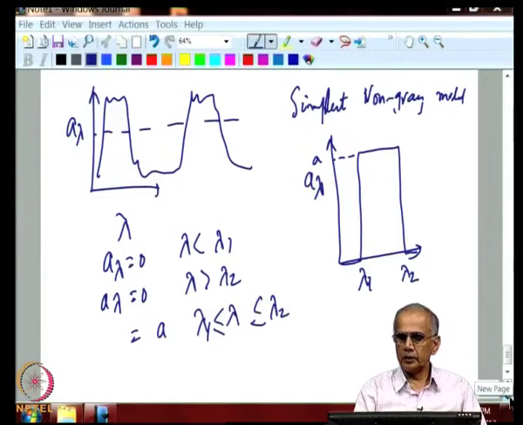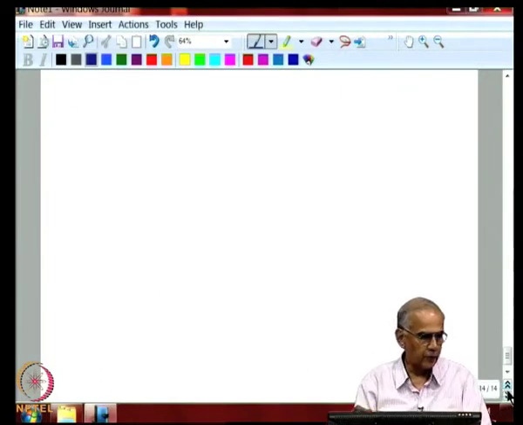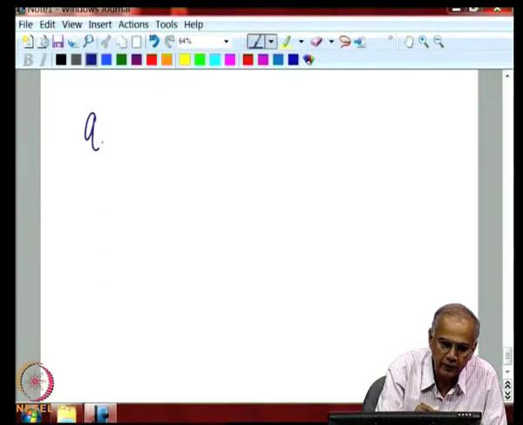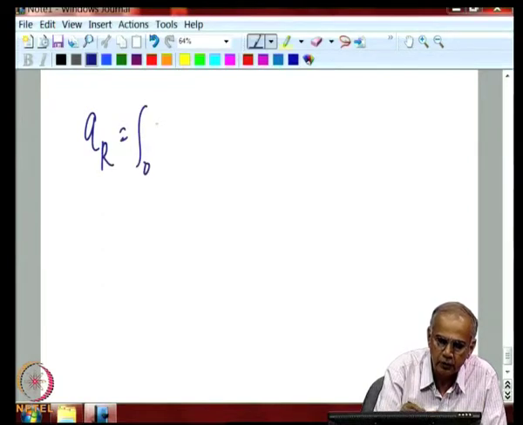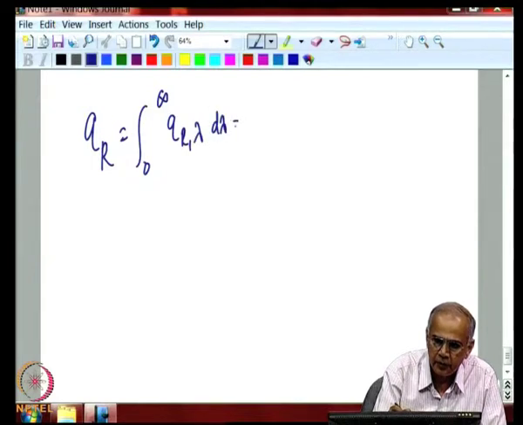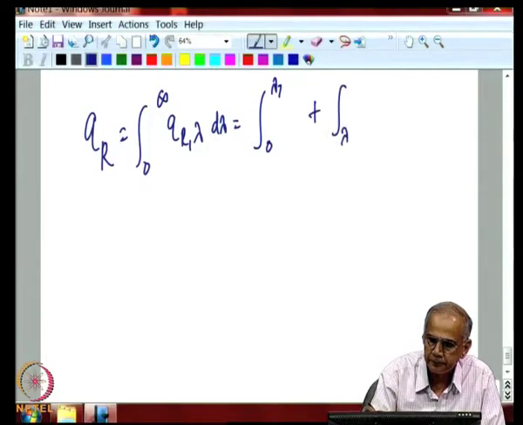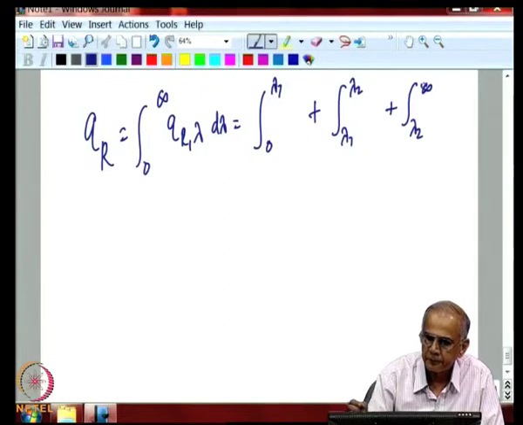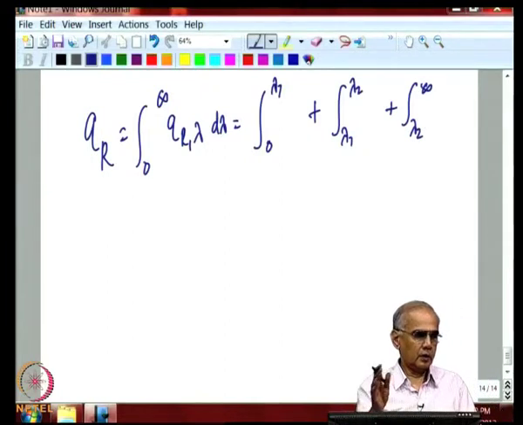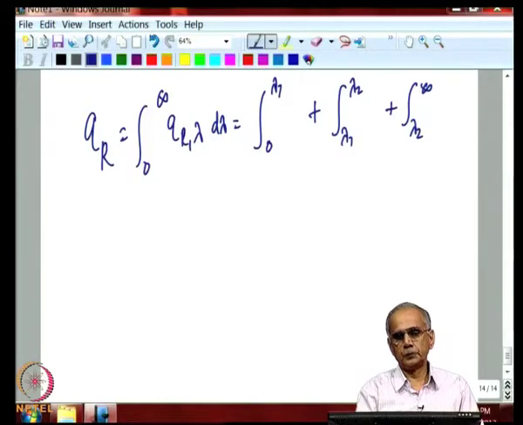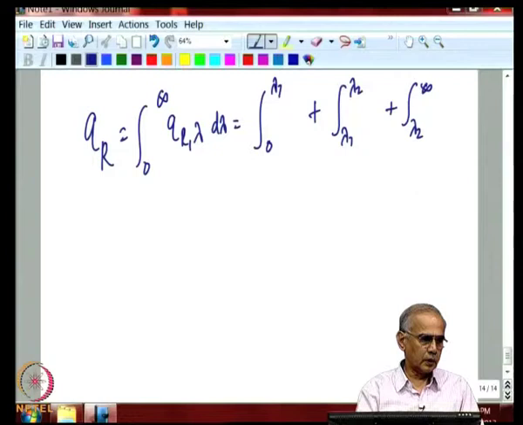So, what you do is, in the case of this kind of non-gray gas, you calculate total radiative flux, which involves integral over all wavelength of the spectral radiative flux. We divide into 3 parts. In the first and the last part, of course, there is no interaction with gas.